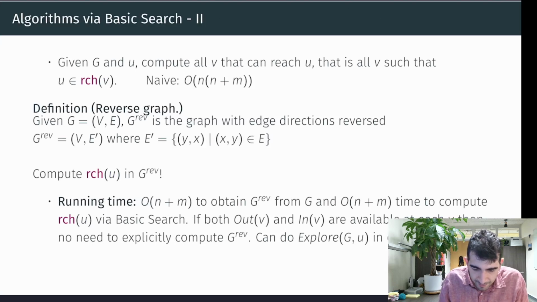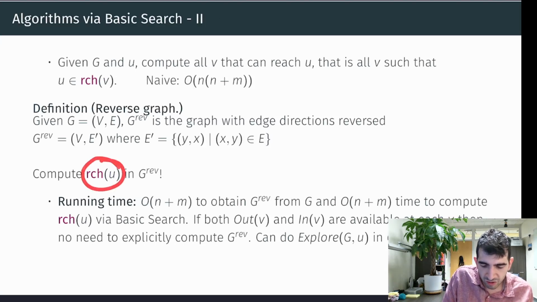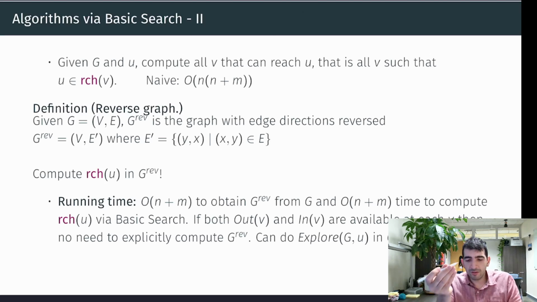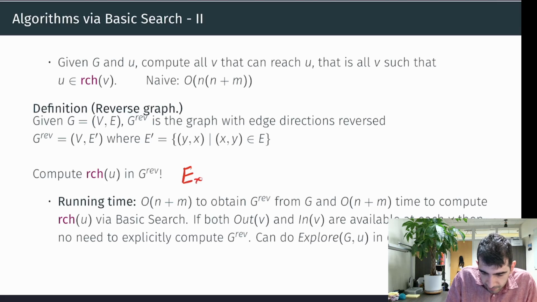Because if we compute the reach of U in the reverse graph, then instead of finding all the components U can reach, we are finding all the components that can reach U. So that's how we solve the problem: we simply compute the reverse graph and then call explore on G reverse, comma U.